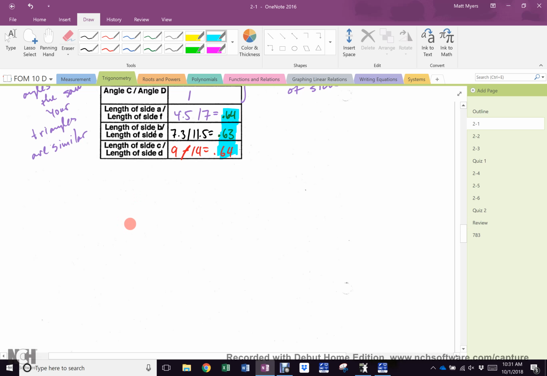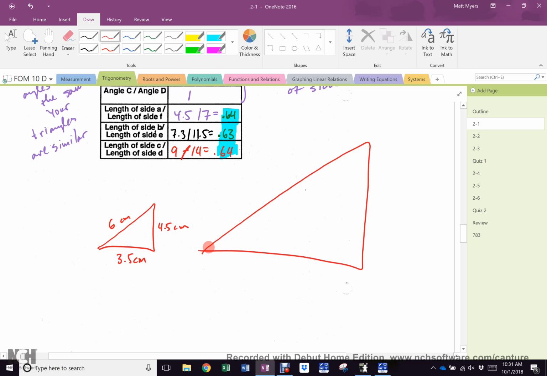So if I get a blueprint that has a triangle drawn like this on it, and this side is 3.5 centimeters long, and this side is 4.5 centimeters long, and this side is, say, 6 centimeters long, and then I build that triangle, I know that I am taking this number and multiplying by what we call a scale factor.